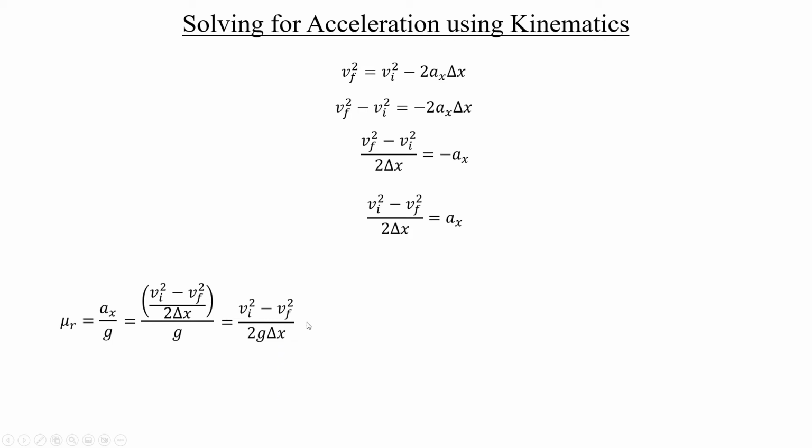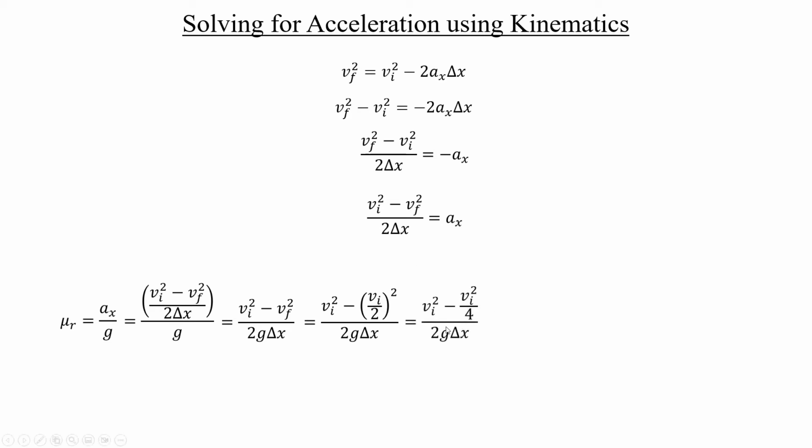One thing that we should remember about the final velocity from the problem description is that it was the initial velocity divided by 2. So since we don't know what the final velocity is, we can just replace it with initial velocity divided by 2 and square it. So then it's in terms of everything that we do know. And what does it look like when we do that?